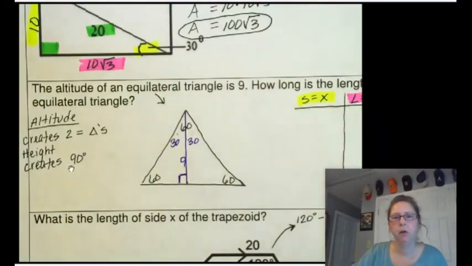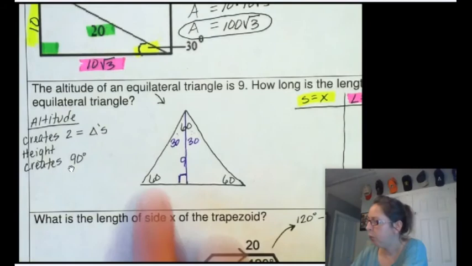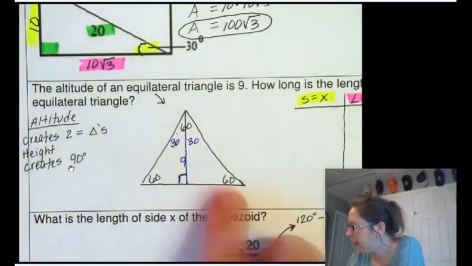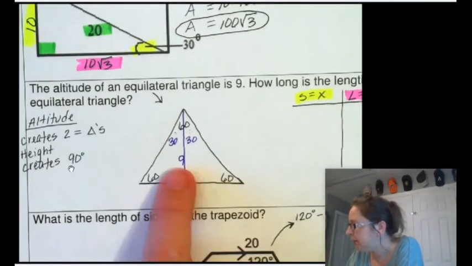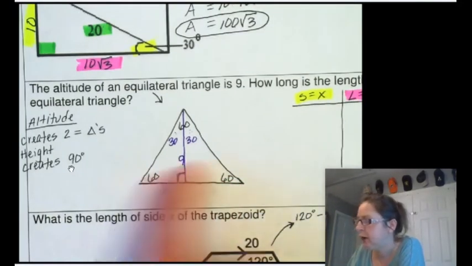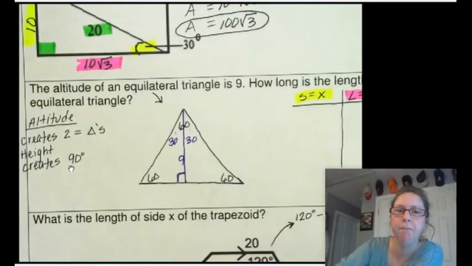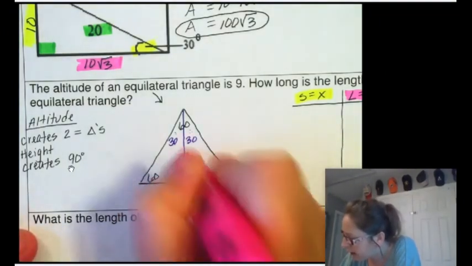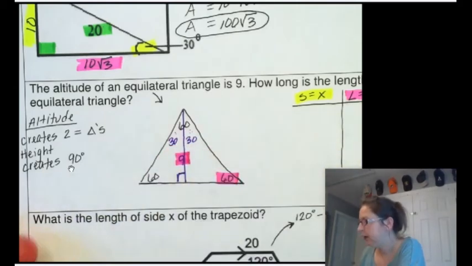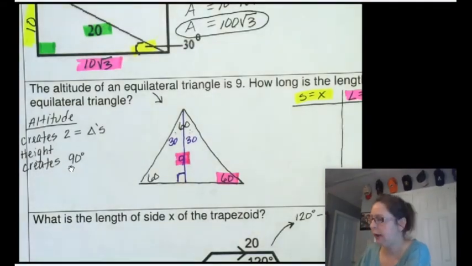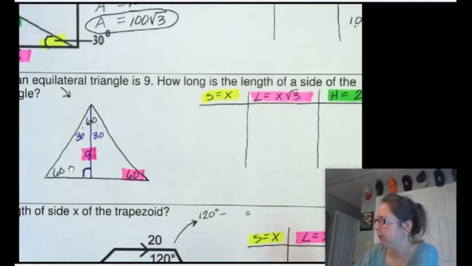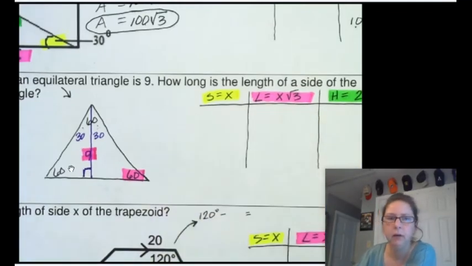In one of these 30, 60, 90 triangles, the altitude is opposite the 60-degree angle. It's actually opposite it in both of them. So what I know is that the 9 is opposite the large angle, so it is going to be the large leg. So let's go figure this out. I'm going to plug it in for the large leg.